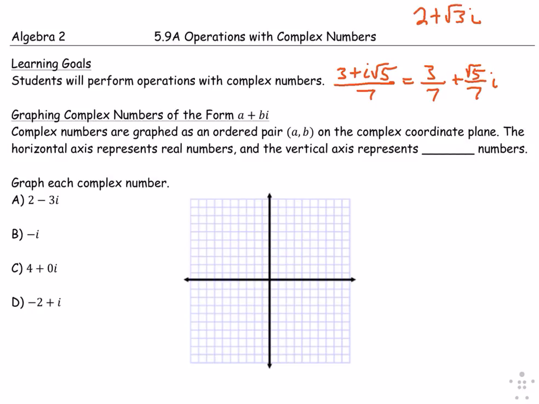We don't want the i to be all the way to the right because it could look like it's part of the radicand. So instead, the convention is to write it as a coefficient.